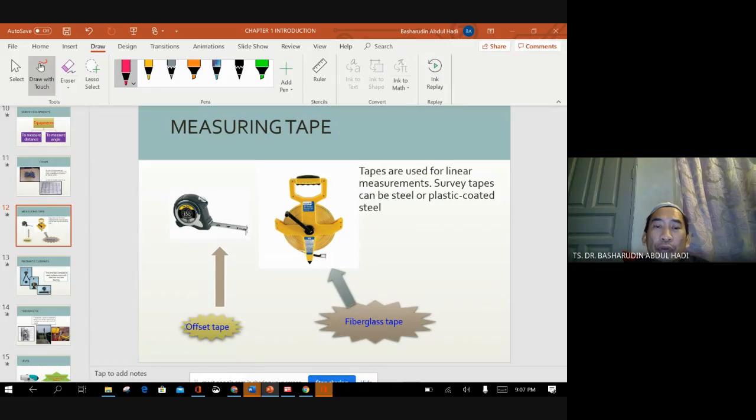We want to make sure that our measuring tape does not expand during the measurement. And of course, we have offset tape. That's a small tape we use to build a house. In general, we call it layouts. So we also have offset tape.